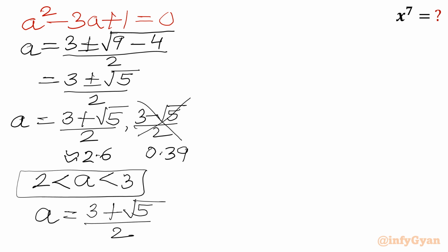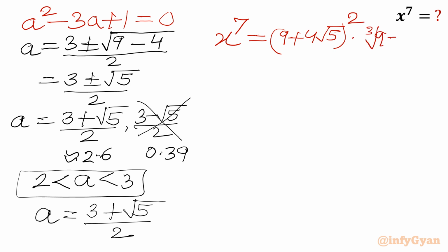Now we have to evaluate the expression x power 7. This was (9 plus 4 root 5) whole square times a, which was the cube root of 9 plus 4 root 5. Let us write both the values.